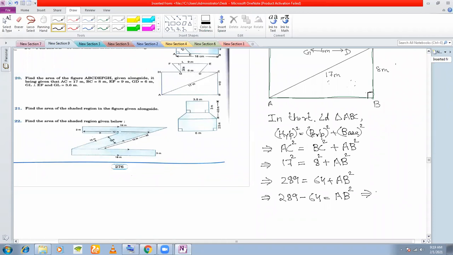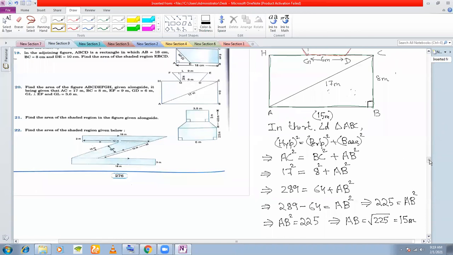That means 289 minus 64 is 225, which is equal to AB square. That means AB is the square root of 225, which is 15 meters. So we have managed to find out this length, which is 15 meters.